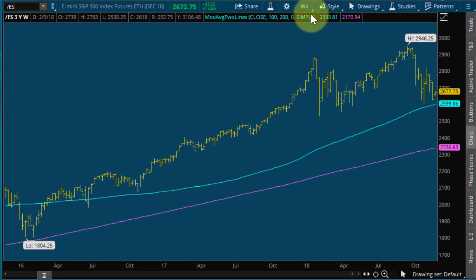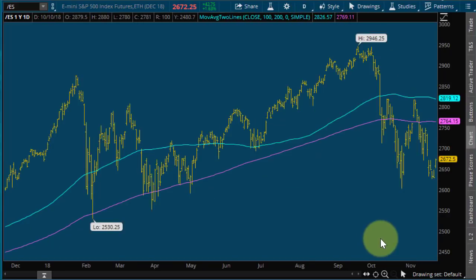But let's go to the daily. Once we go to the daily, one of the most important things to follow is daily highs, daily lows, weekly highs, weekly lows, and even monthly highs and monthly lows. So what do we have here? Well, Monday we gapped higher. We have a little bit of a gap here, right?